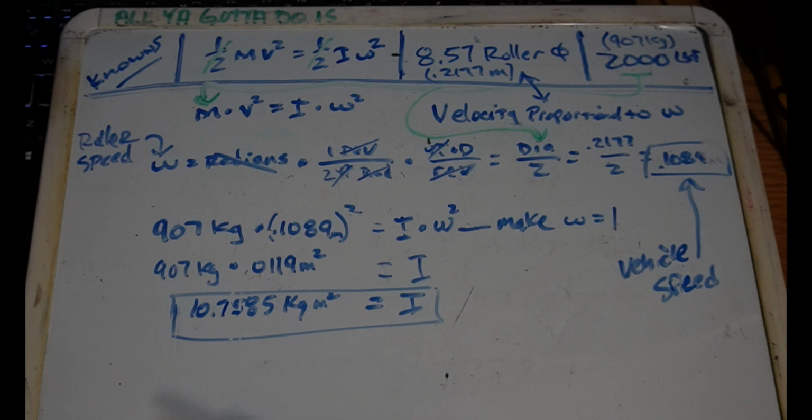Like if you want to know how fast a ball rolls downhill, 1/2 mv squared is equal to mgh. And the equivalent to that in a rotational frame is 1/2 I omega squared.